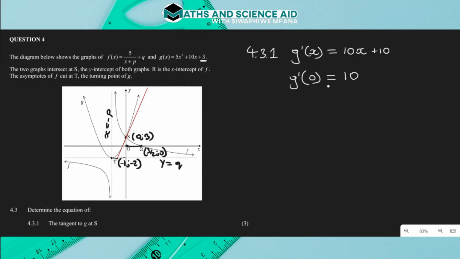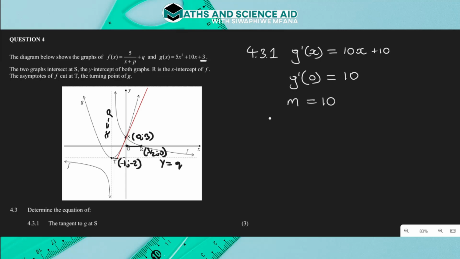So in other words, this is the gradient at S, which means that a tangent line at S is going to have a gradient of m equals 10. So now we have determined the gradient of this tangent line at S.